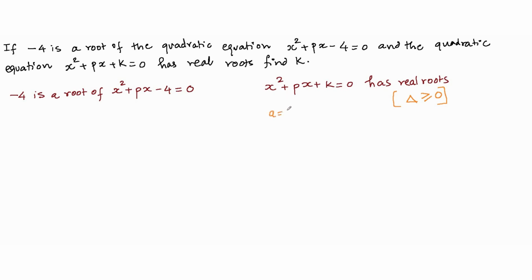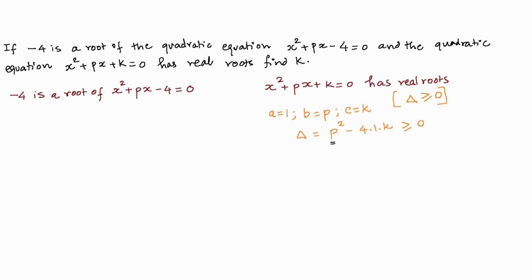Here a is equal to 1, b is equal to p, that's the coefficient of x, and c is equal to k, that's the constant. So the discriminant in this case is p square minus 4 into 1 into k, and this has to be greater than or equal to 0. By the way, I don't know the value of p. Now let's take a look at this condition.